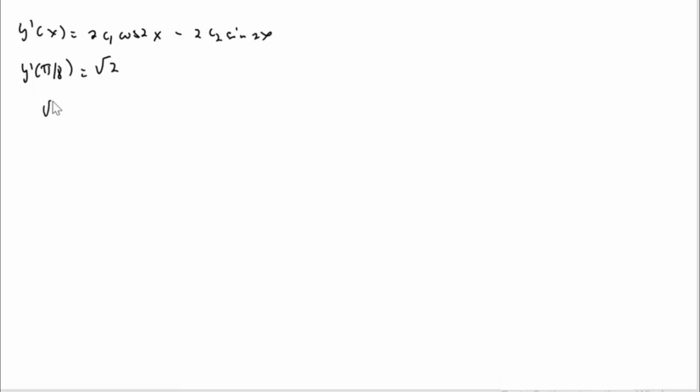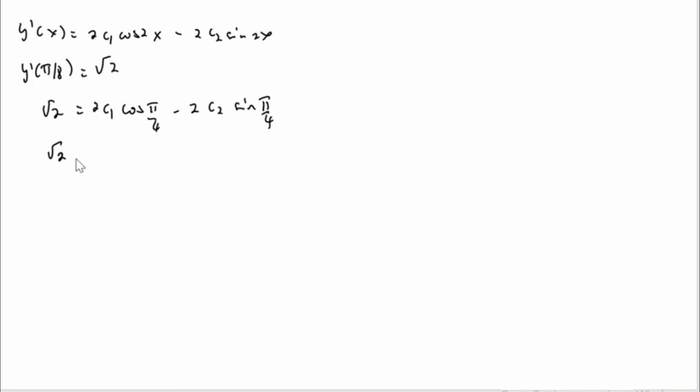So we have now square root of 2 is equal to 2c sub 1 of cosine of 2 times pi over 8, which is now pi over 4, minus 2 times c sub 2 of sine of 2 times x. Again, 2 times pi over 8 is pi over 4. Now take the value of cosine pi over 4 and sine of pi over 4.